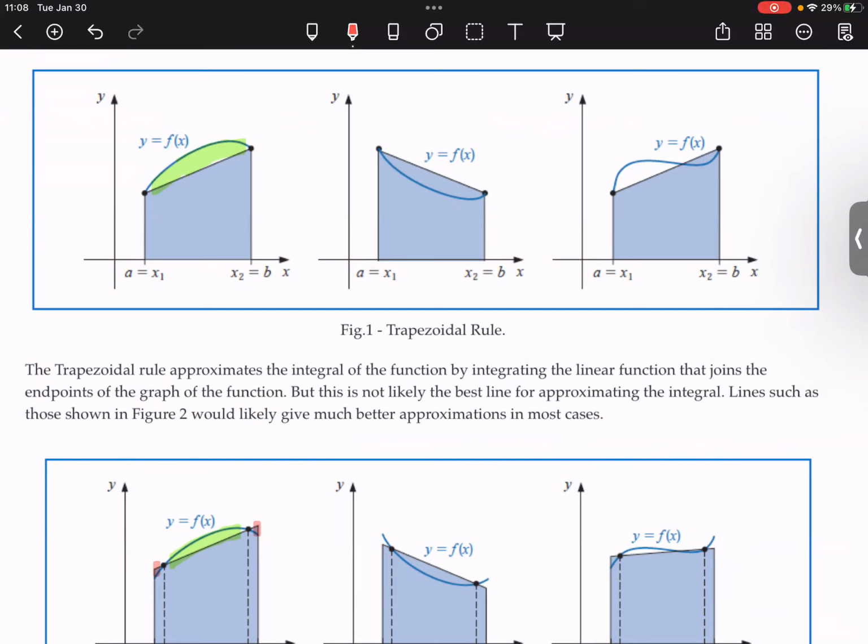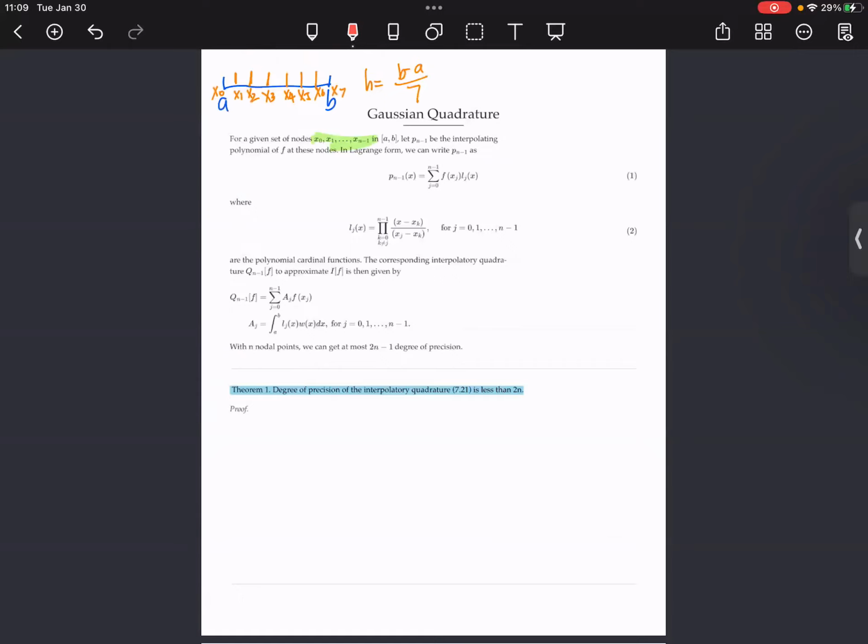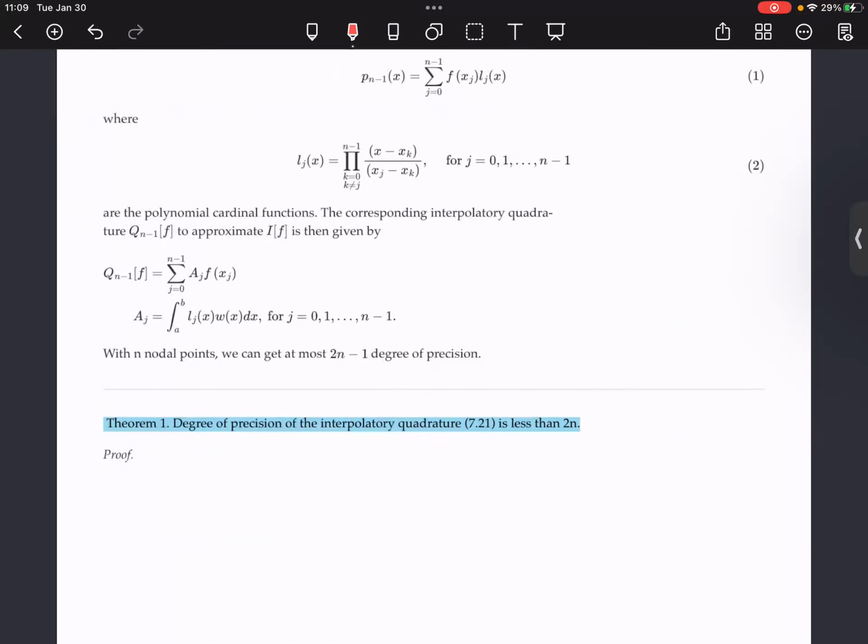Before, we investigated how the nodal points are distributed, and now we are going to take a look at, if we have n nodal points, how good the approximation can be.